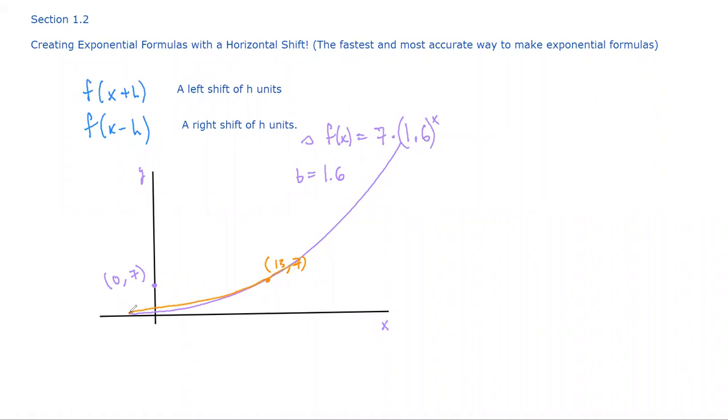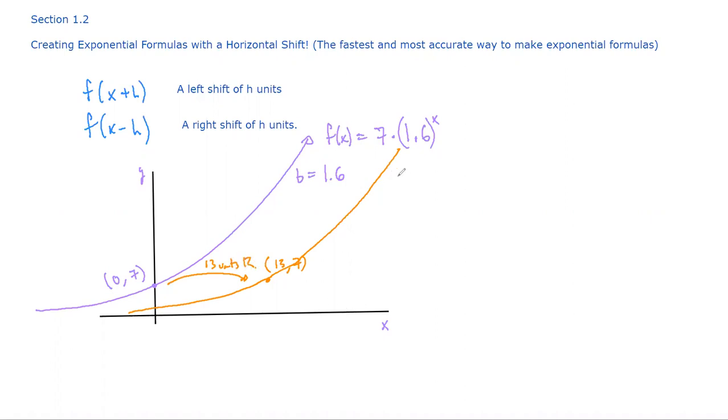All right, my tracing is not as great as it could be. And then we'll see if I can move it back. And I have, yeah? So really, what I want us to think about is I've taken the point 0, 7, and I've shifted this purple curve to the right 13 units.